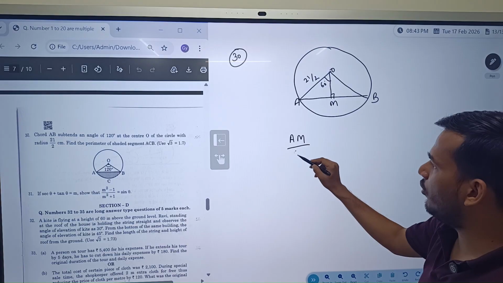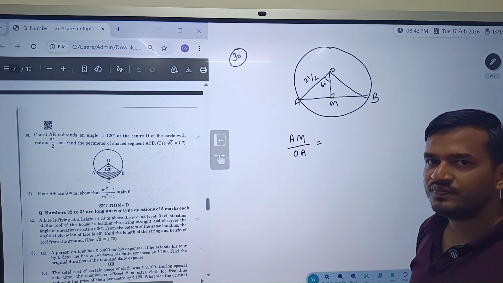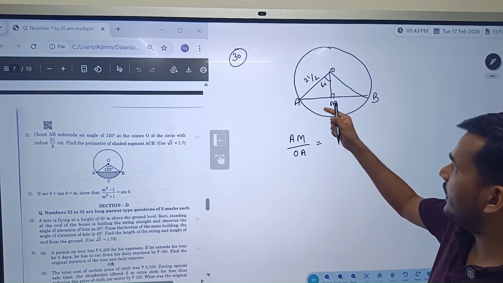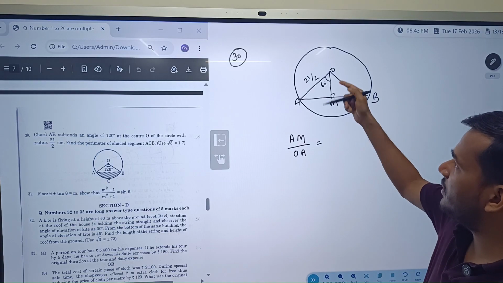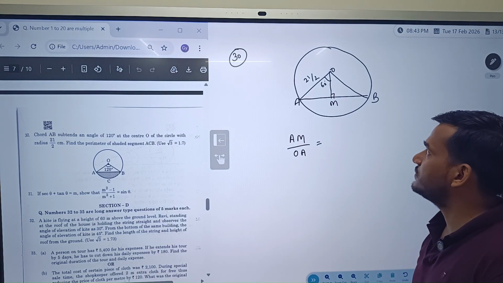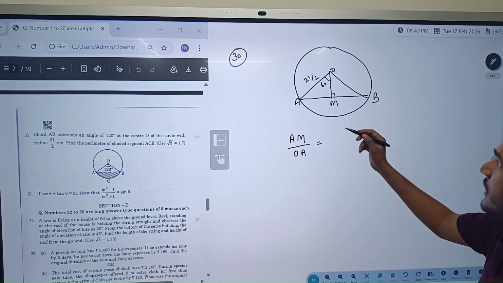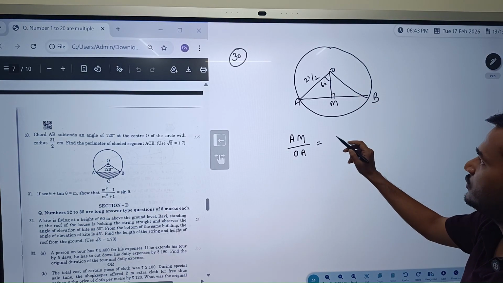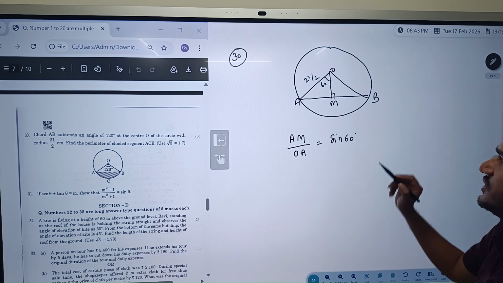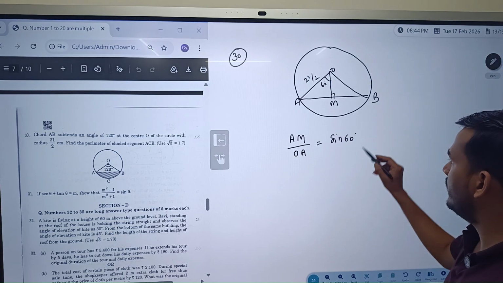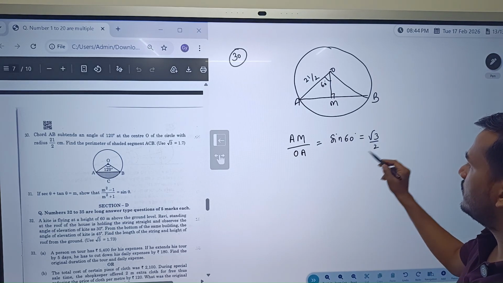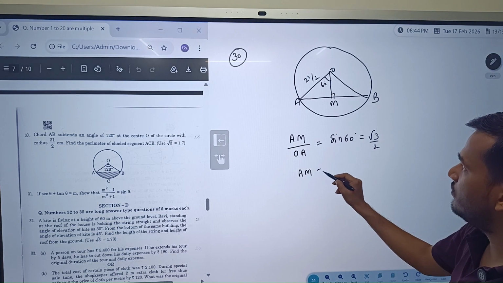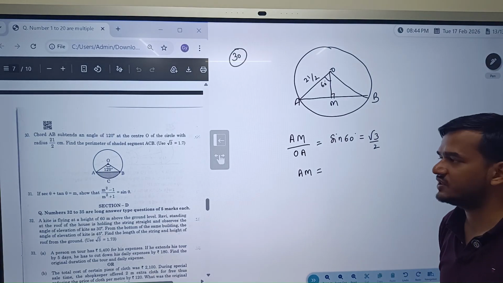AM upon OA is equal to what? AM is this. AM upon OA is sine theta, sine 60. That is root 3/2. So AM is equal to OA sine 60.